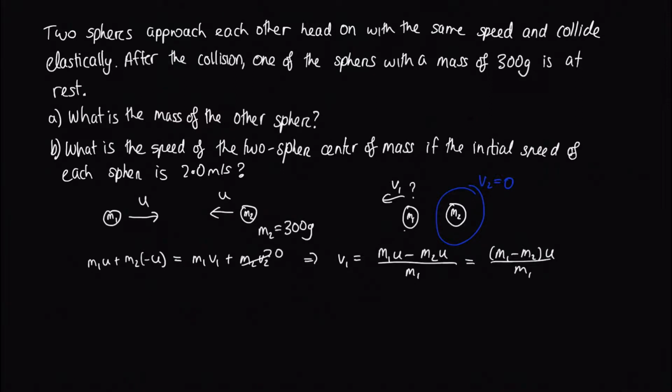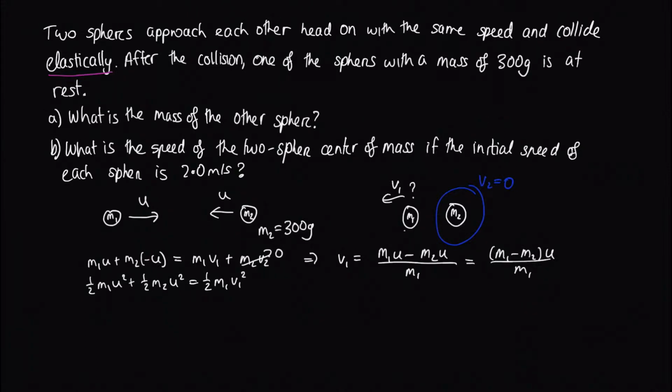Now we are told in the question that they collide elastically. If they collide elastically, it means that a half m1u squared plus a half m2 times minus u squared, but the minus disappears when we square it, so it's still u squared, is equal to a half m1v1 squared.